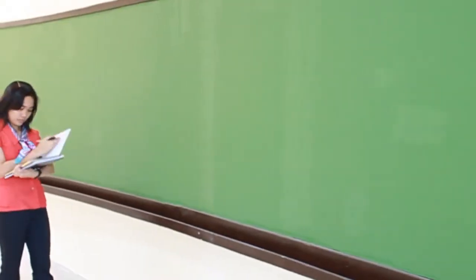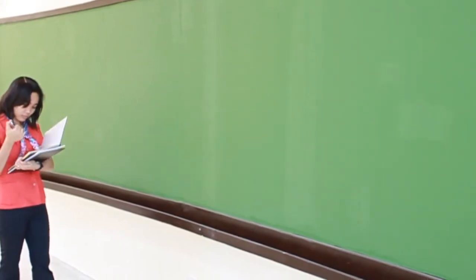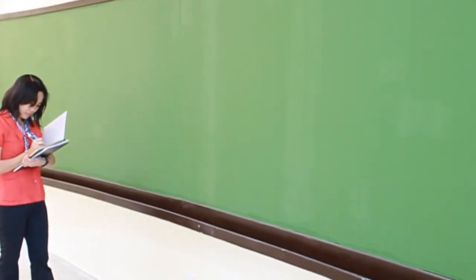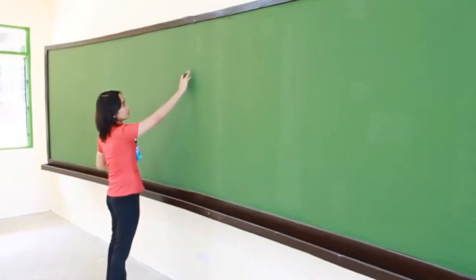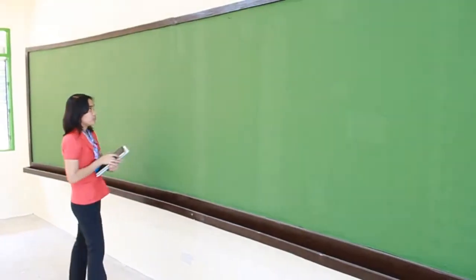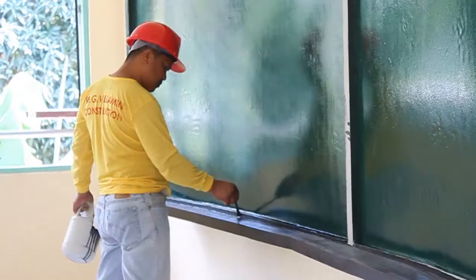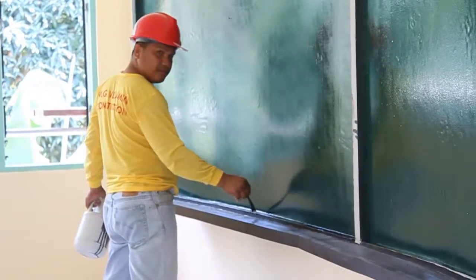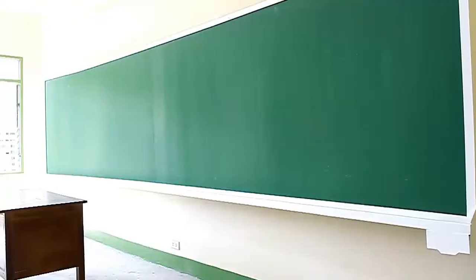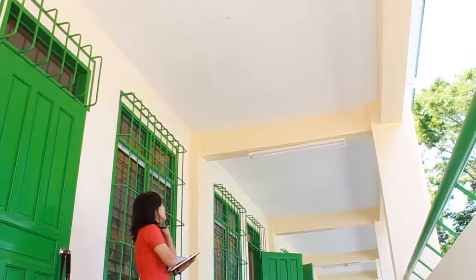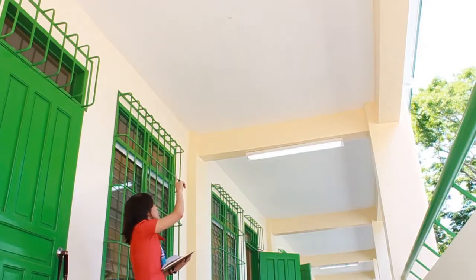Check the blackboard if its joineries are fitted properly. Check the blackboard if its wall surfaces are fully painted and are in pristine condition. Check ceiling surfaces are fully smoothened.